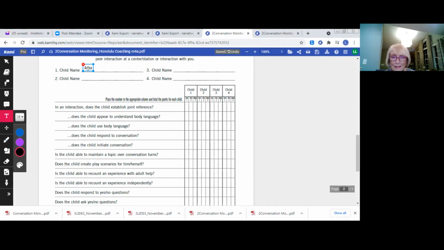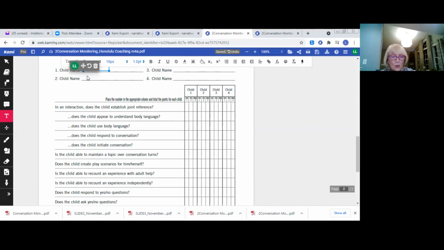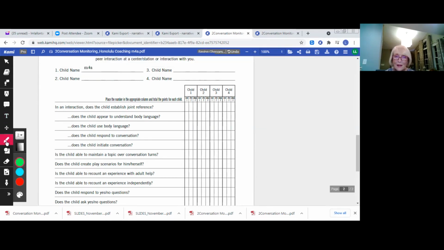We all had the same sample and talked about how the child appeared to start a conversation and establish a joint reference. The child would look at the pictures, look at the teacher, or somehow lean in to show that there was going to be a conversation. And it progresses from that, where children appear to understand body language and respond to general conversations.